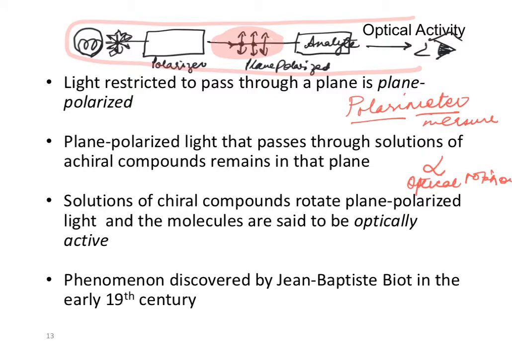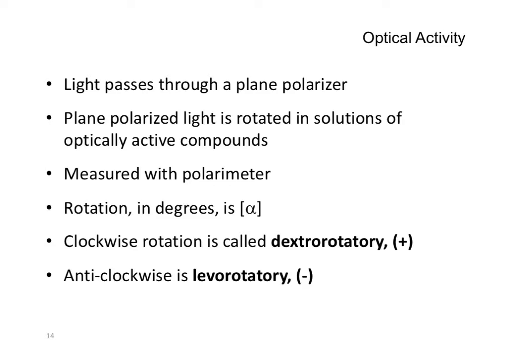So let's take a look at the setup one more time. The light is passing through your plane polarizer. So there's two sets essentially. You have your light. It's passing through the polarizer. Once it becomes only moving in one single direction, it is allowed to move through the analyte, and that is what then is going to be studied.